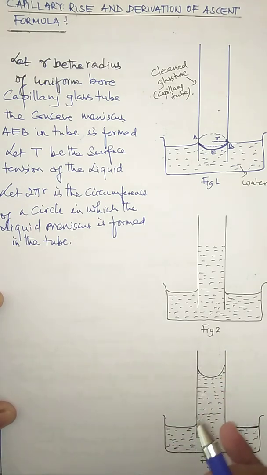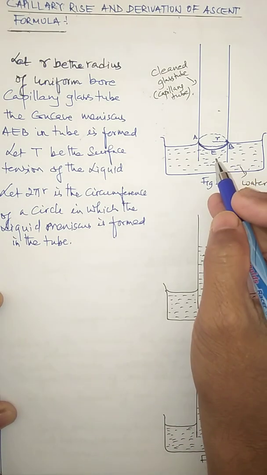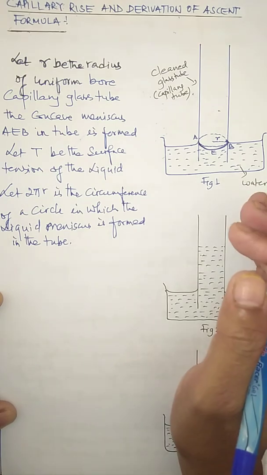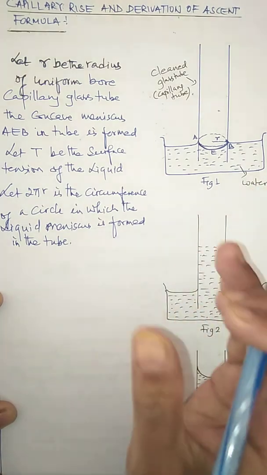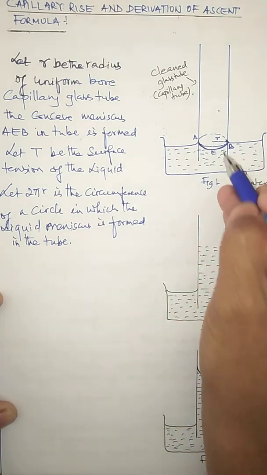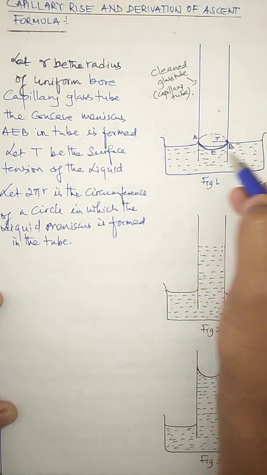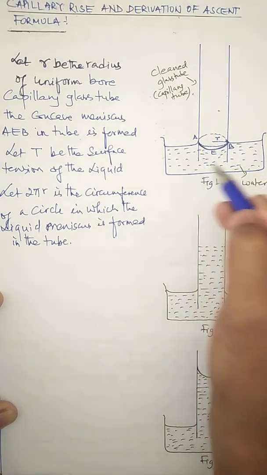Now, as you know, due to the surface tension of the liquid, there is a force that is equal to the surface tension that acts per unit length of the periphery, the edges of this circumference of the circle.